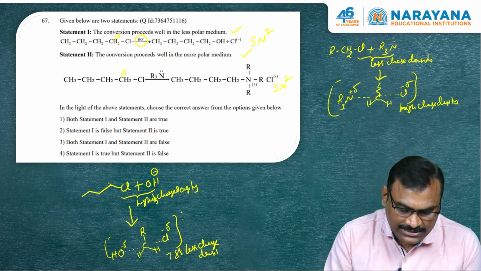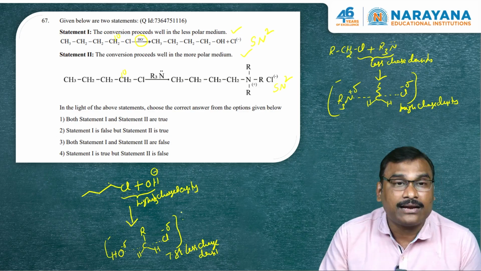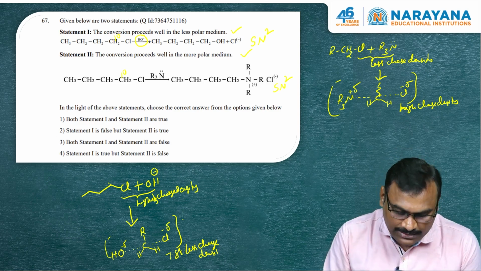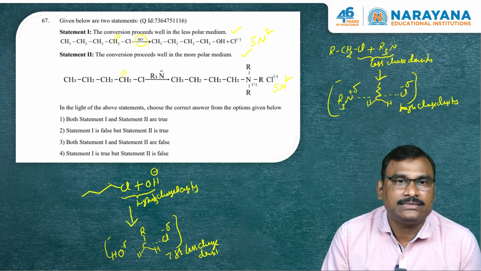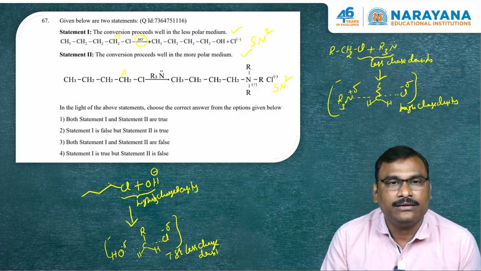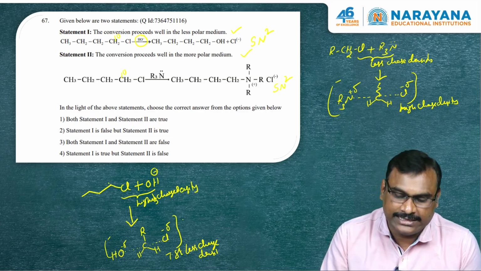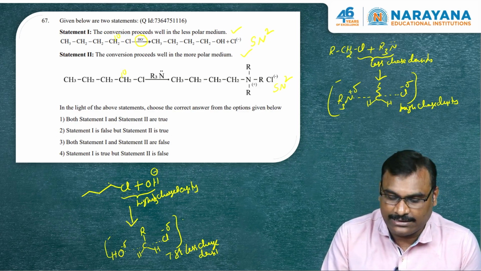Therefore, for the first reaction, the reactants are highly charged but the transition state has less charge density, so a less polar medium is suitable. In the second reaction, the reactants have less charge density but the transition state has high charge density.